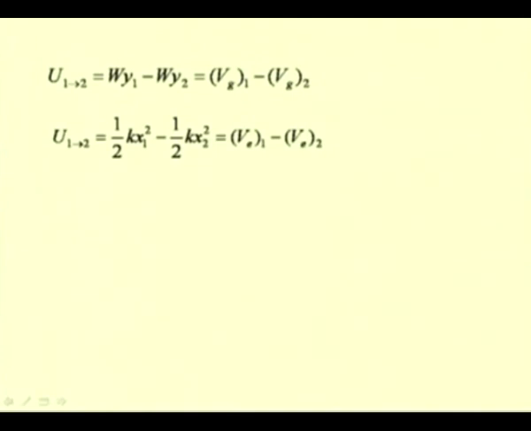So, these two works done, that is the work done by the weight and the work done by the spring force, can be written as the difference of the potential energy of the corresponding states.